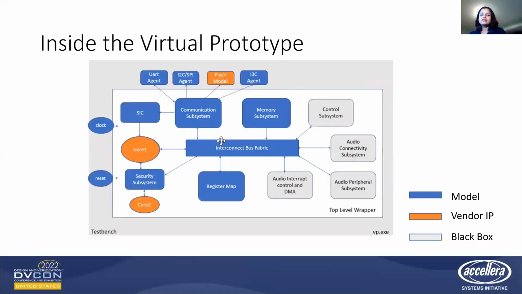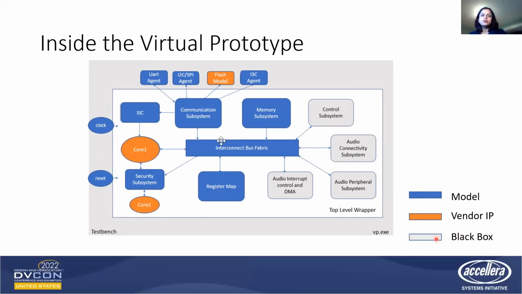Now let us see what is there inside the virtual prototype. If you follow the legend here, the blue bar indicates the models that were either generated by our in-house tool or first functionally hand-coded. The orange bar denotes externally available vendor IP.